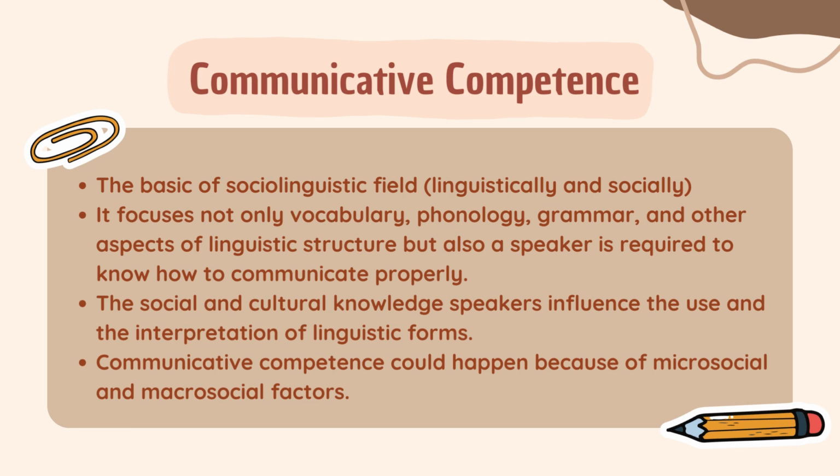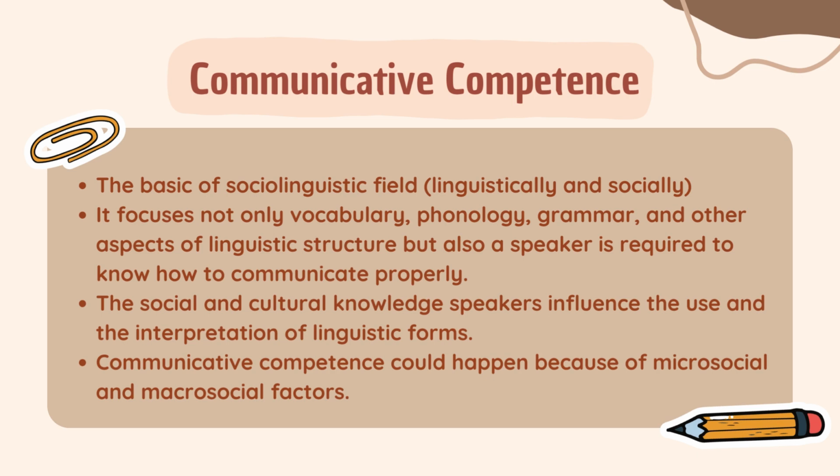Third is the social and cultural knowledge speakers use, which influences the use and the interpretation of linguistic forms. This sentence explains that social and cultural knowledge really influences the use of linguistic forms. Linguistic forms are meaningful units of speech, such as part of a word, or a sentence.